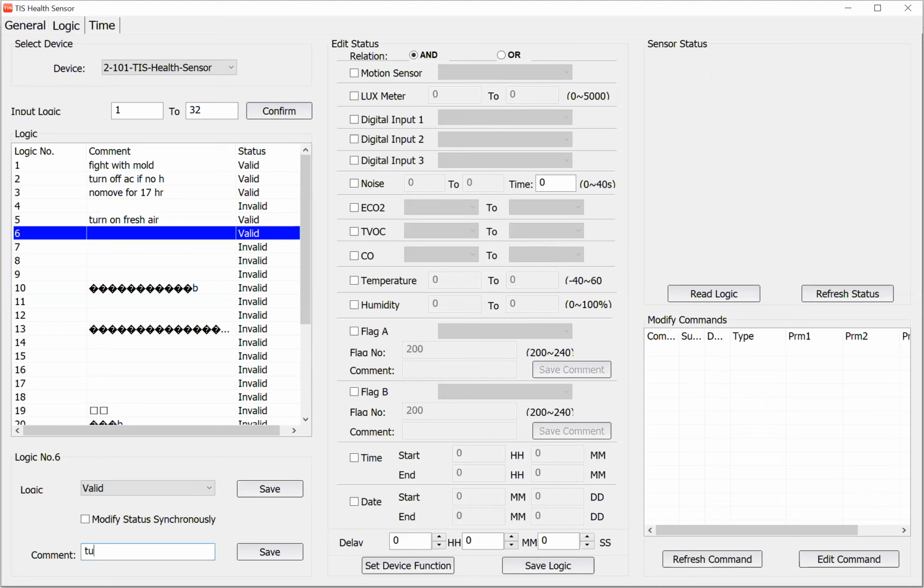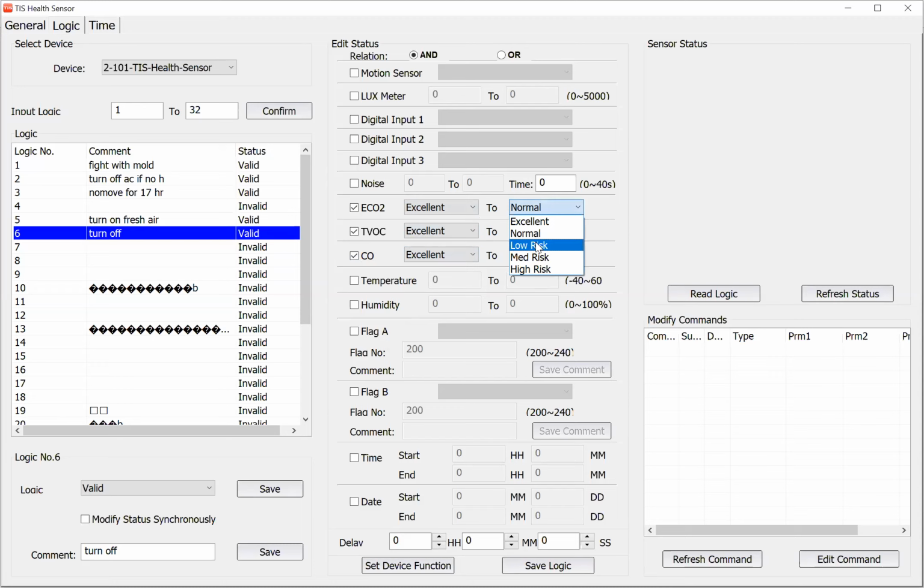Here we said if CO2 is between excellent to normal, or I think it's better you put it on excellent to normal, and the CO is only excellent and normal.